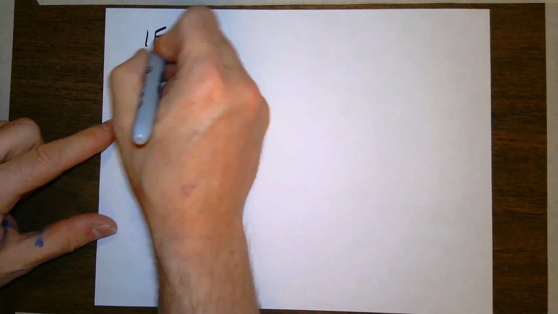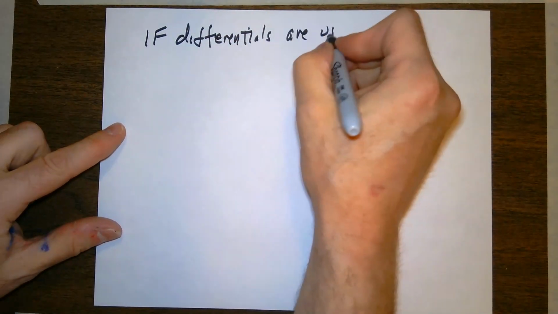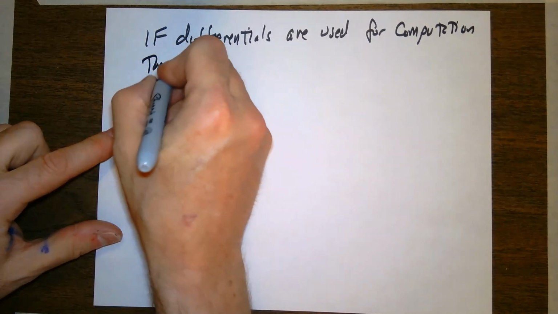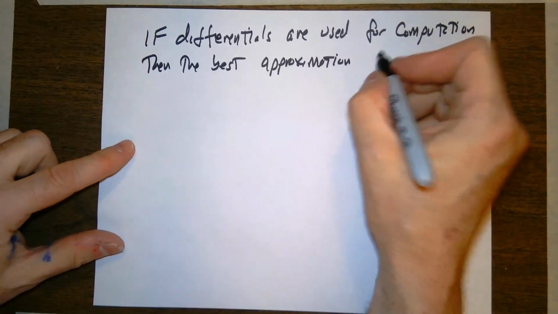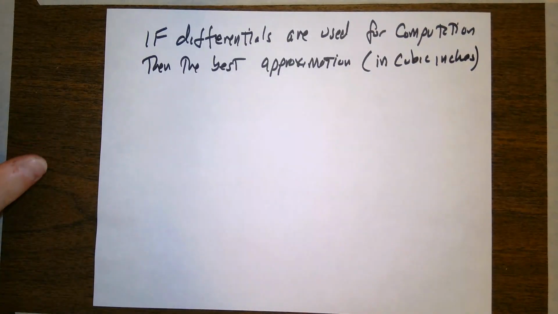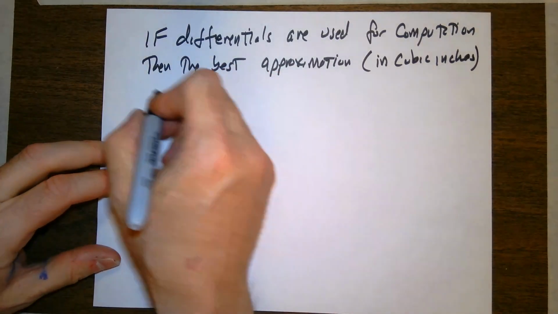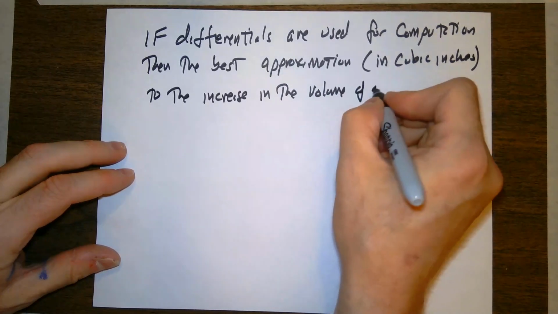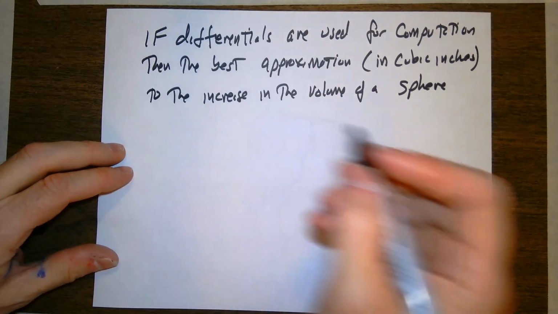But let's take a look at a sample question. Here we go. So, if differentials are used for computation, then the best approximation in cubic inches, and here comes the situation, to the increase in volume of a sphere when the radius is increased from 3 to 3.1 inches is what?